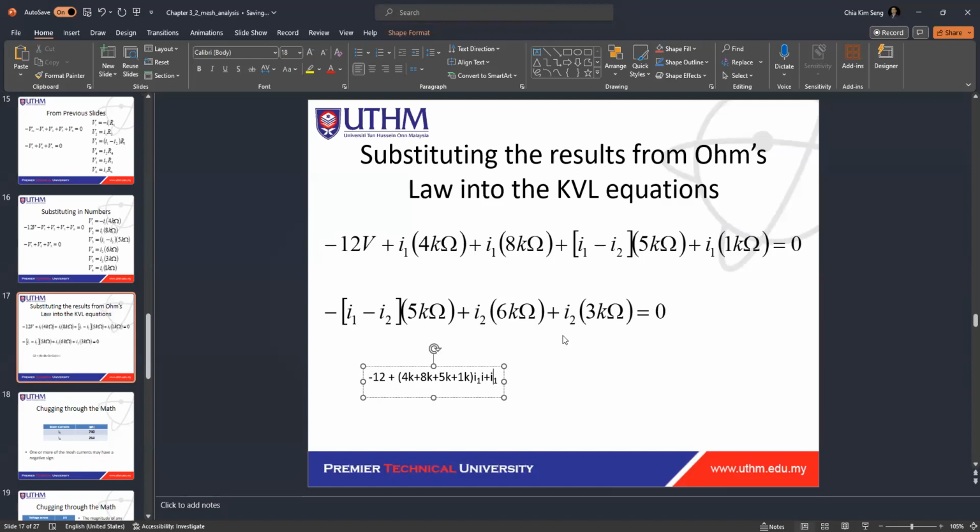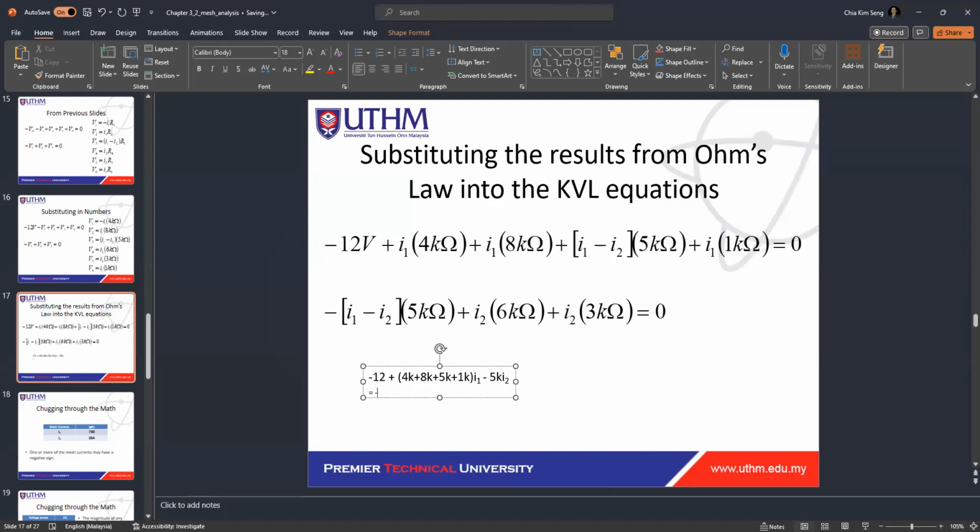Plus, and then next is the coefficient of our I2. I2 is a minus, as you can see here. Minus 5K. So this is the thing that equals 0.